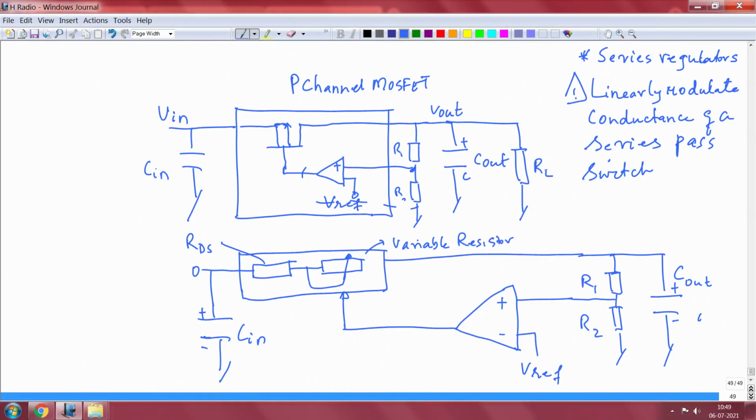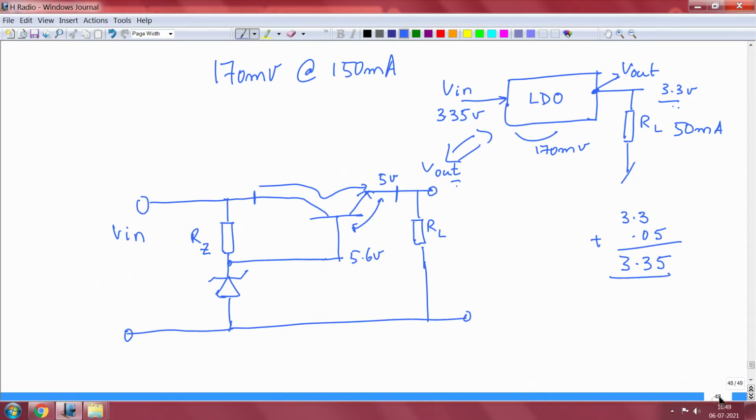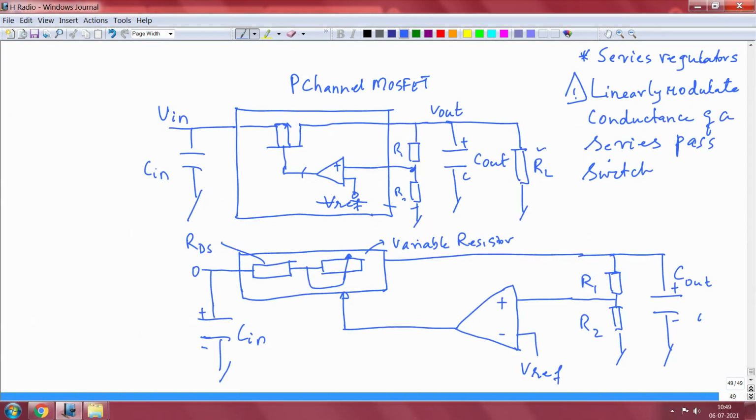Same RL which you saw here, same RL here is the same RL here. Okay. Now you see what happens. If there is any change in the load current, this load current change is sensed by these two sensing resistors R1 and R2. This R1 and R2 sensing resistors will feed to an error amplifier. So, this is an error amplifier.